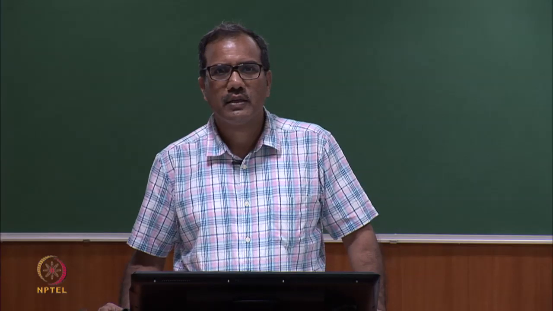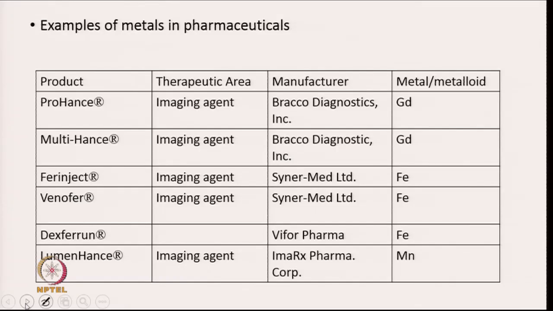So, these metals are not only analyzed for undesirable effects, but also to check the quality of different pharmaceutical products. Here I am giving examples of metals used in pharmaceuticals.